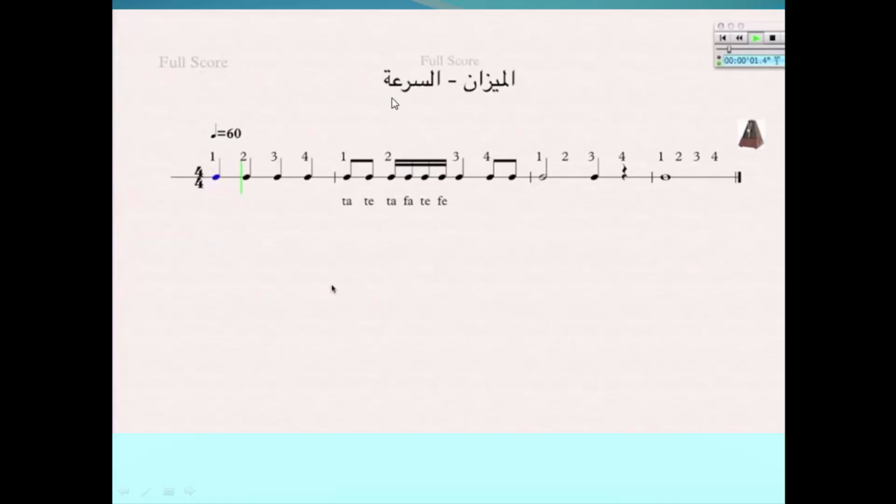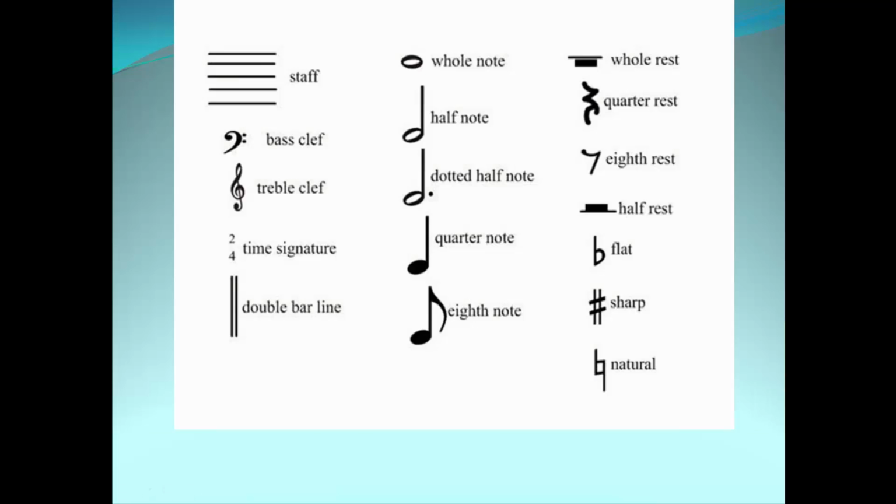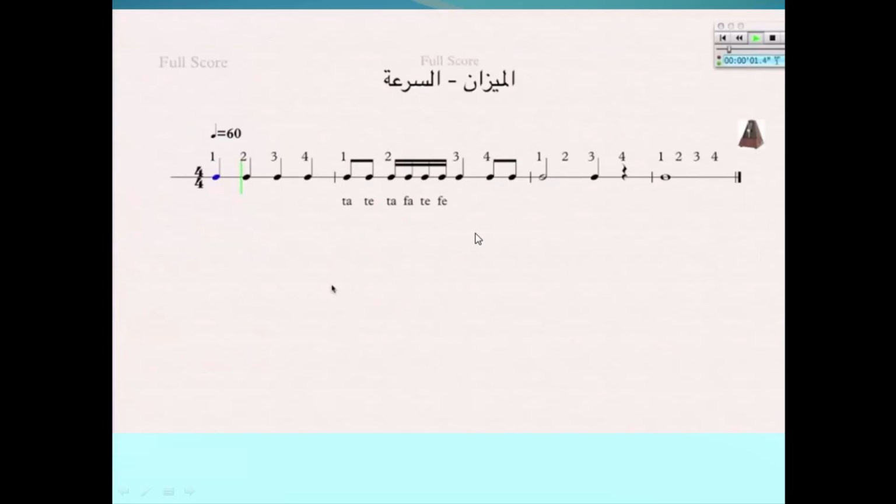Okay, now it's the time to see more things. We have here 4, 4. This means that we can add 4 signs, or 4 of this signature, or quarter note. We can add 4 of the quarter note in one measure.